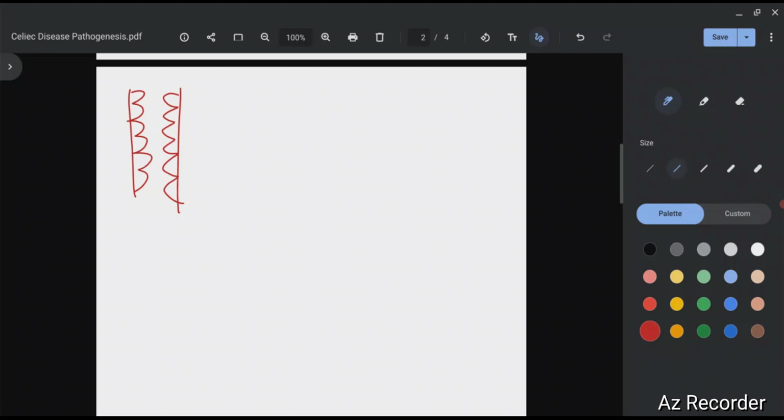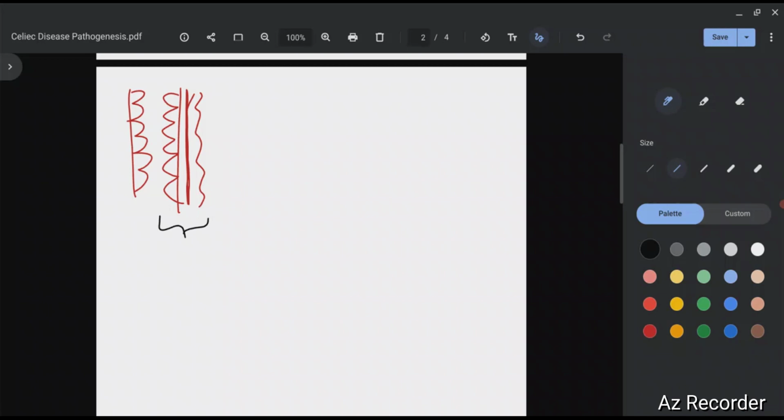This is the epithelium, and mucosa is further divided into 3 layers: epithelium, lamina propria, and muscularis mucosae. So this whole thing over here is your mucosa.